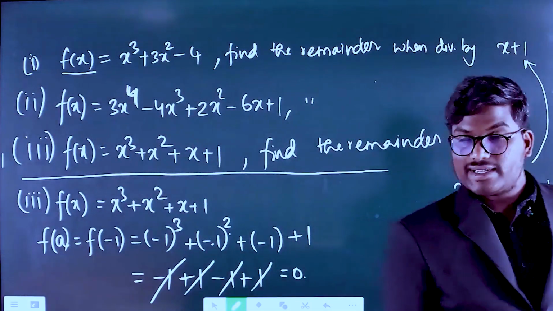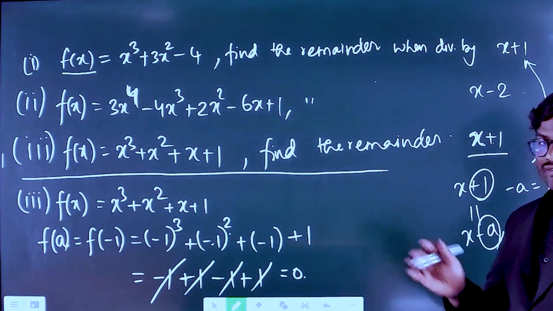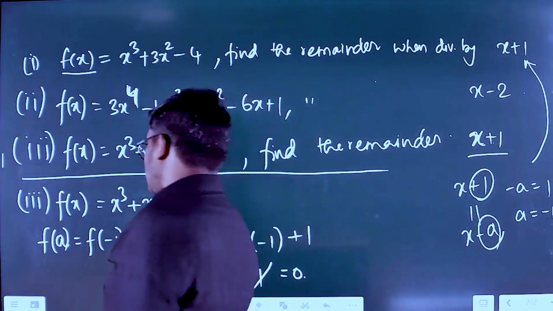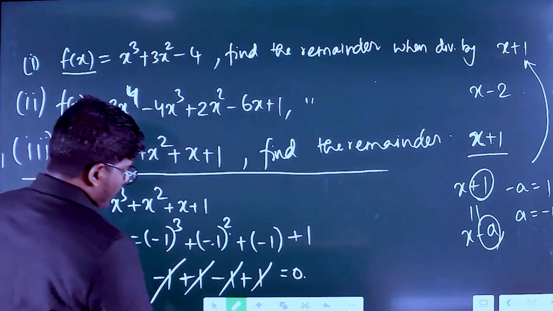Now this is a special case of the remainder theorem. When the remainder is 0, the divisor is a factor of the dividend. That's true, right? Quickly note this down, I'll explain that part.